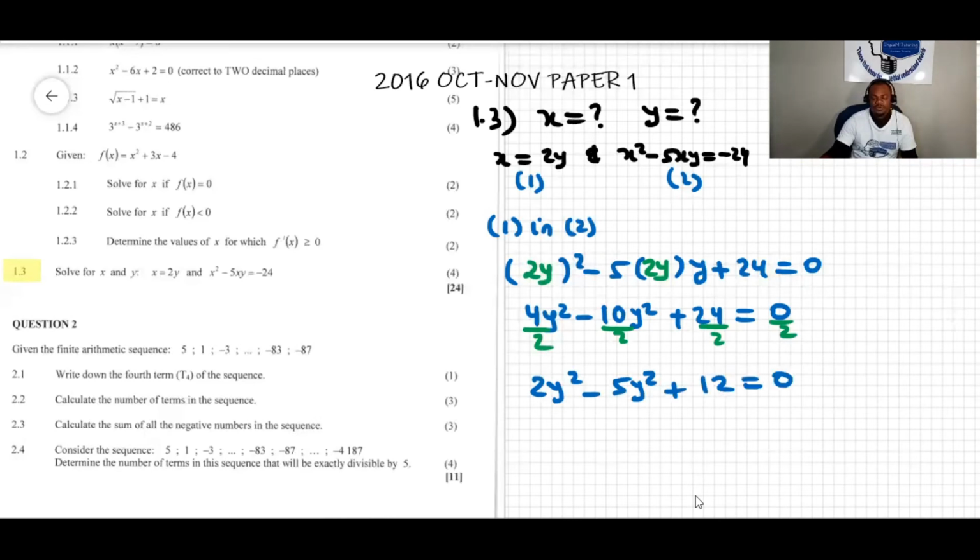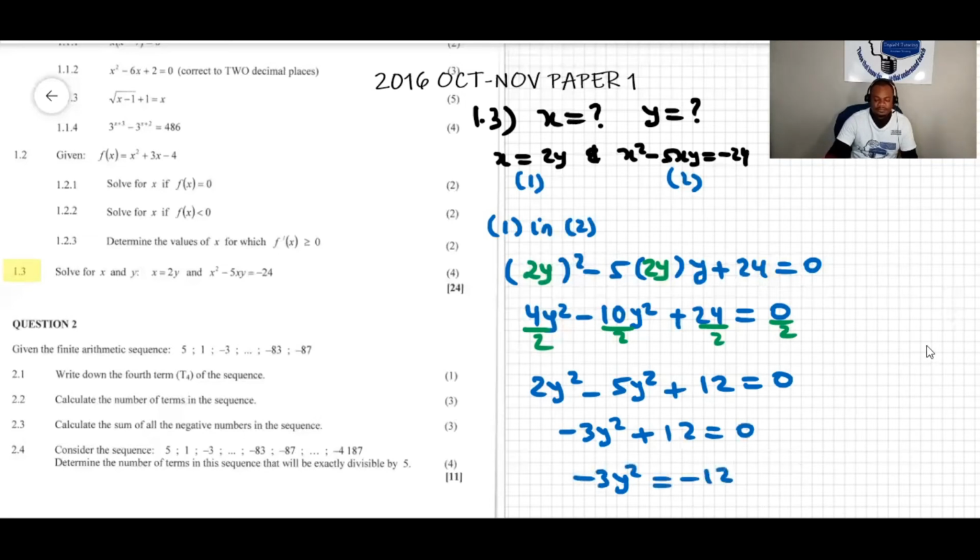Now here 2y squared minus 5y squared. This should have been simplified from the previous line, but we can also simplify it here. This makes negative 3y squared plus 12 equal to 0. If I move the 12 over, that makes negative 12.